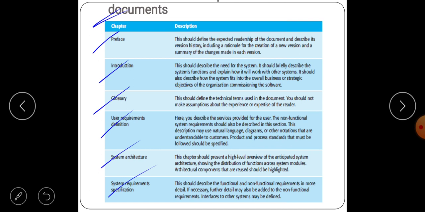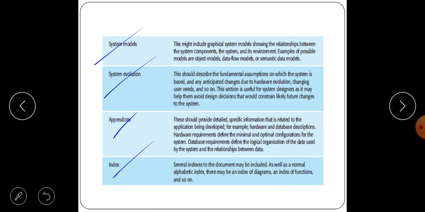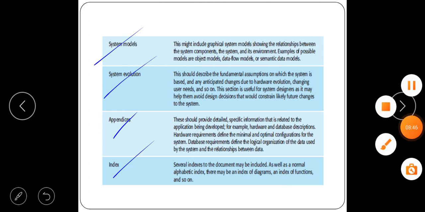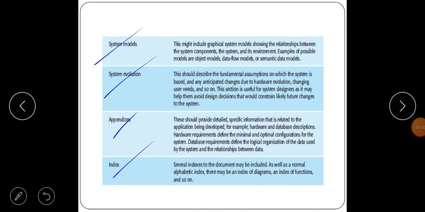First you should write preface, introduction, glossary, user requirements definition, system architecture, system requirements specification, system models, system evolution, appendices, index. Like this, in order, you should mention these 10 points and explain them.